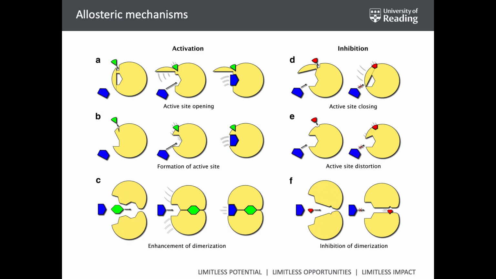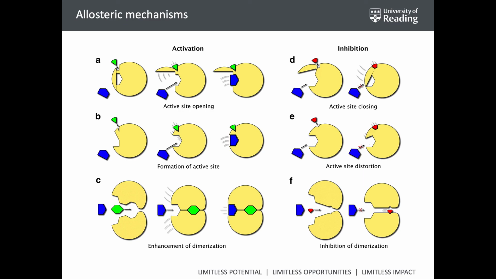You can also have a situation where, in a physiological situation, you have a molecule binding away from the active site that alters the shape of the active site in a way that allows the substrate to bind. And again, you can distort the active site, and this is shown here, where the active site has been distorted so the substrate can't bind. You can also alter the formation of a protein complex.